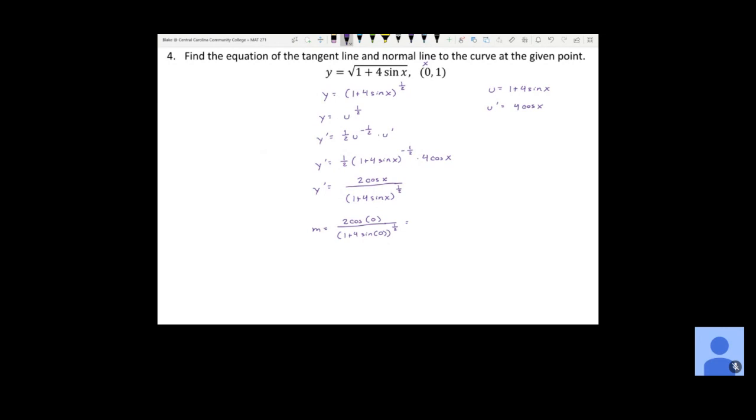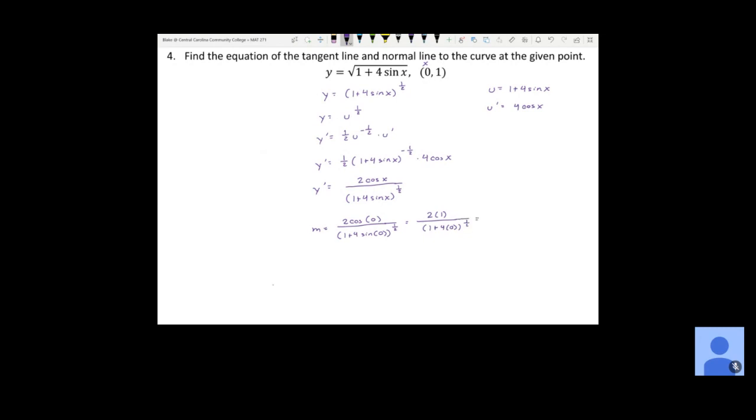Okay, now, if we simplify that, what's the numerator going to give us? Okay, 2 times 1, right? So cosine of 0, remember, is 1. So we get 2 times 1, which is just 2 in the numerator. Denominator now, sine of 0 is what? 0, right? So this just becomes 1 plus 4 times 0 to the 1/2 power.